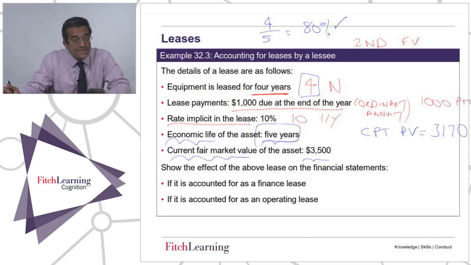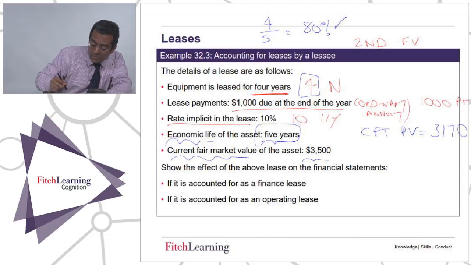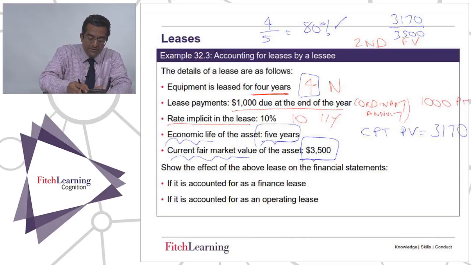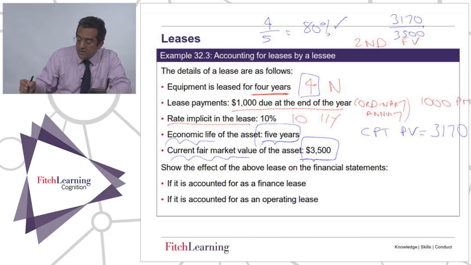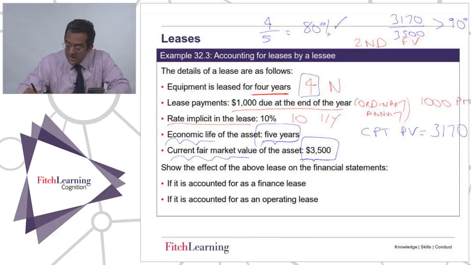Now that is again significant, because if you were to look at 3,170 as a proportion of the market value of the asset, which is 3,500, you'll find that this number is significant. This percentage is significant because it comes in at above 90%. Or if not, we'd say almost equal to, right? So greater than or equal to 90%.